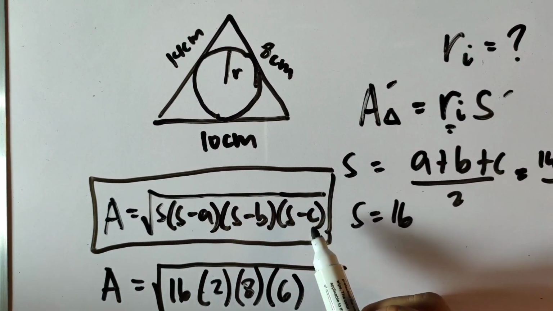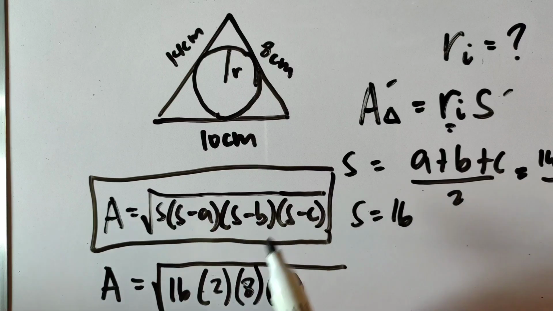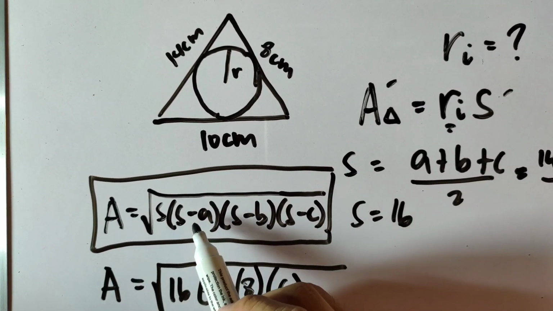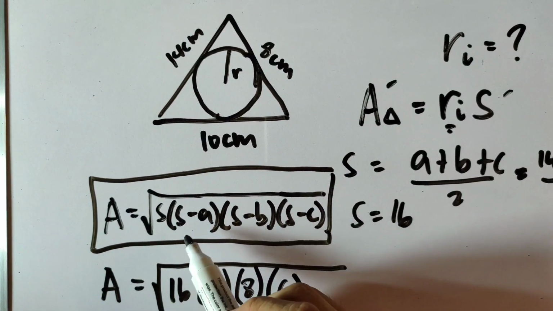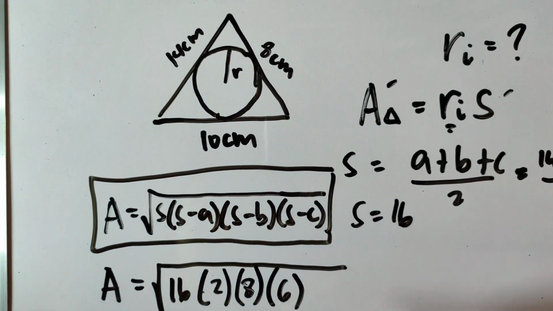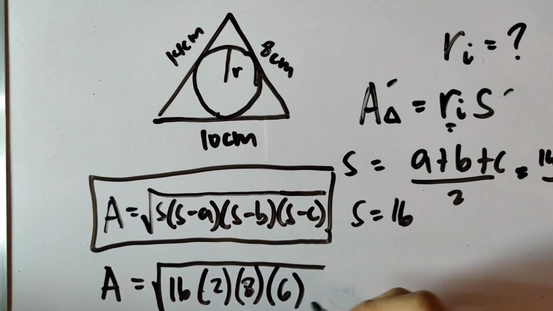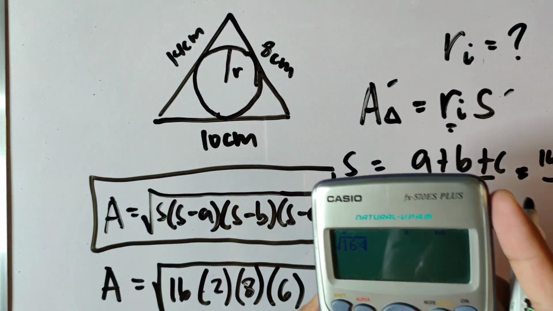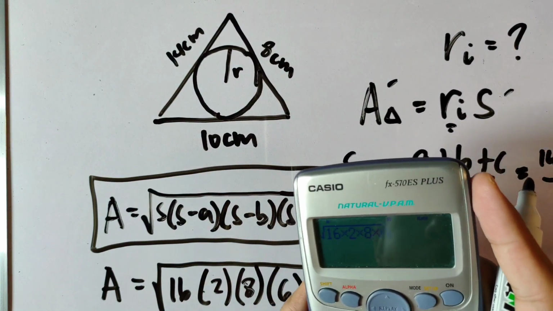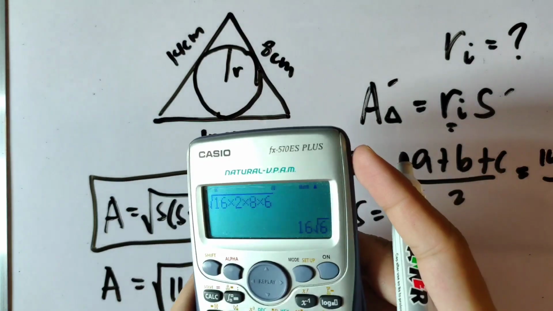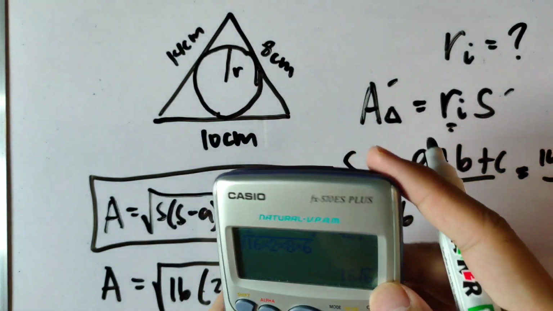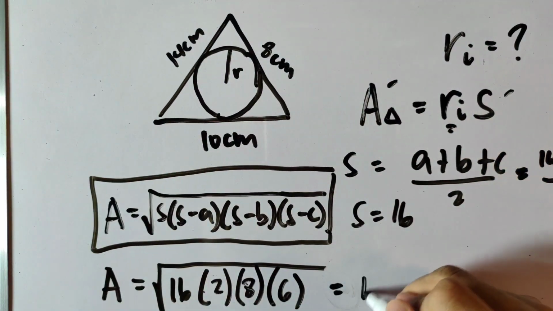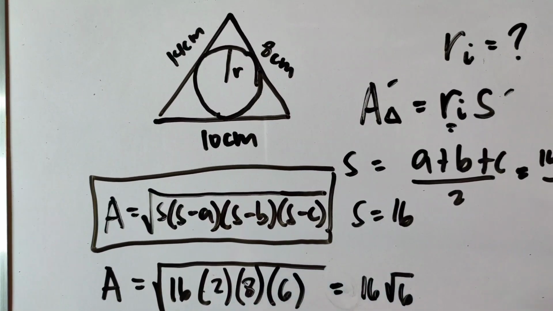Itong ABC na to, 3 sides ng triangle. So, i-minus mo lang silang lahat from 16, which is yung semi-perimeter natin or S dito. So, masasolve na natin ngayon yung area ng triangle natin. So, square root of 16 times 2 times 8 times 6. So, yung area natin is equal to 16 square root of 6.